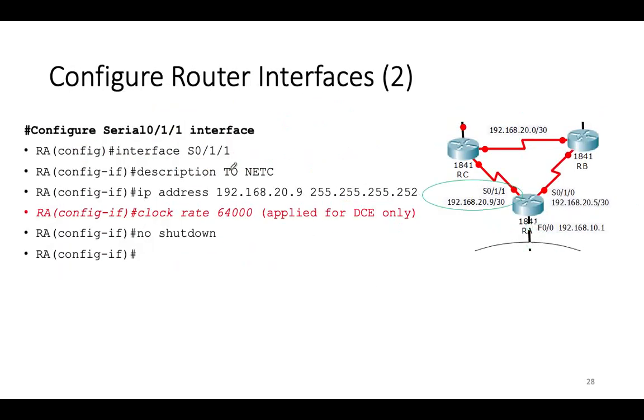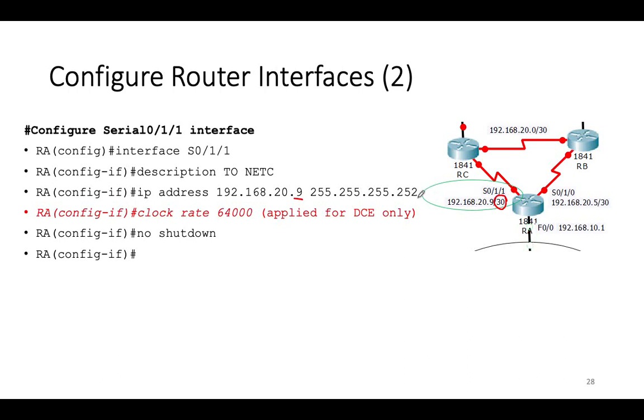The same concept over here: you go inside serial 0/1/1, you put the IP address and the mask. And here, one of the things I want to show you is why this one, as you can see over here, is /30. Why 255.255.255.252?